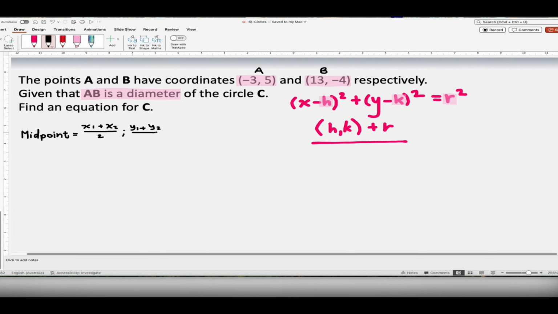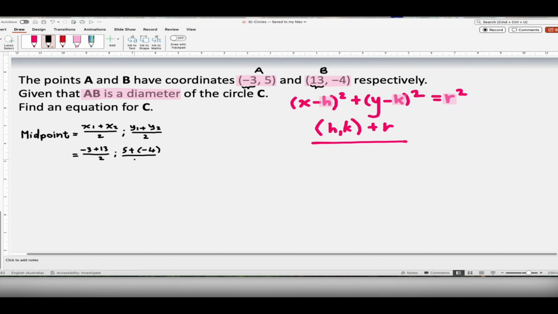What are the values of x1 and x2? So it's (-3 + 13) over 2. y1 is 5, y2 is -4, so we are going to add those as well. So it's 5 plus -4, a positive and a negative equals a negative.